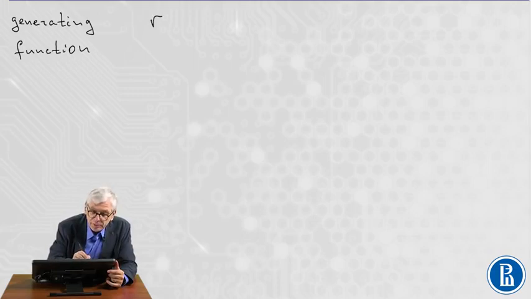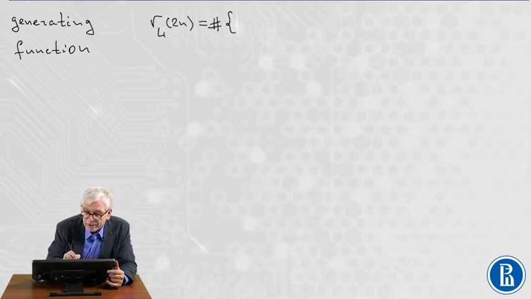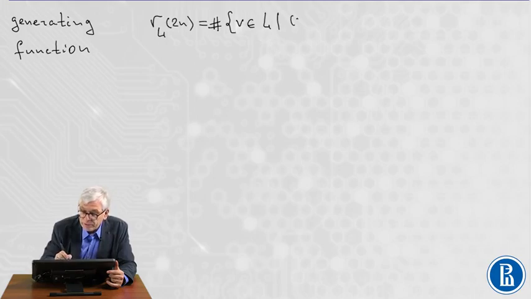I denote by R_L(2n) the number of vectors in L of fixed scalar square 2n.